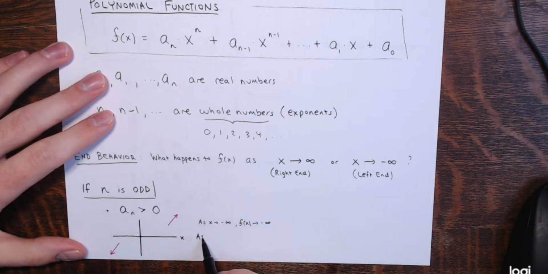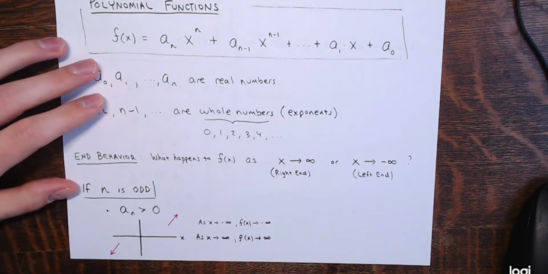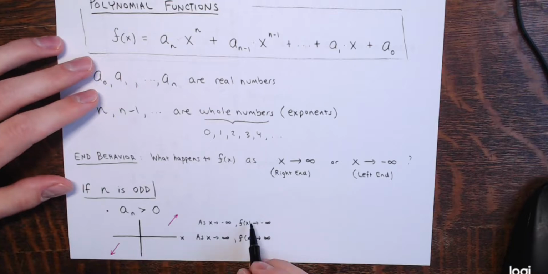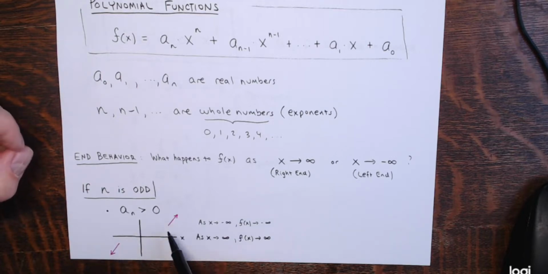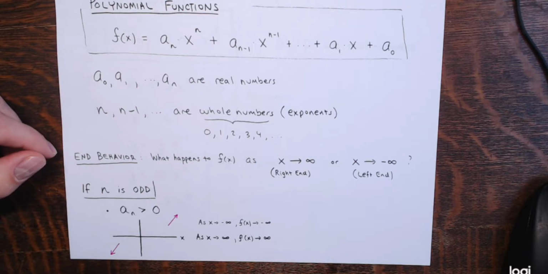And as x goes to positive infinity, as you go to the right, the output's also going to positive infinity. f of x is going up. This is how you describe the end behavior. Now, what happens for smaller values of x? I don't know, it might curve a bunch, but I can tell you what the graph is doing on the left end and right end, where the graph is going to be going.